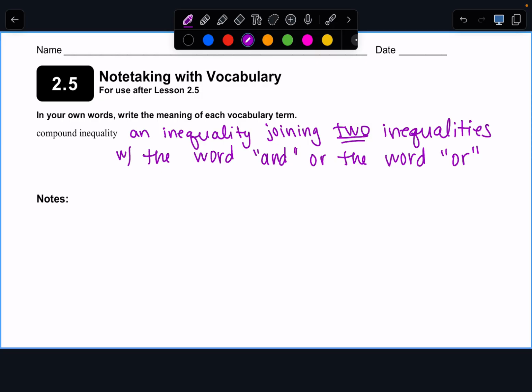So we basically have two inequalities joined together by the word and or by the word or.